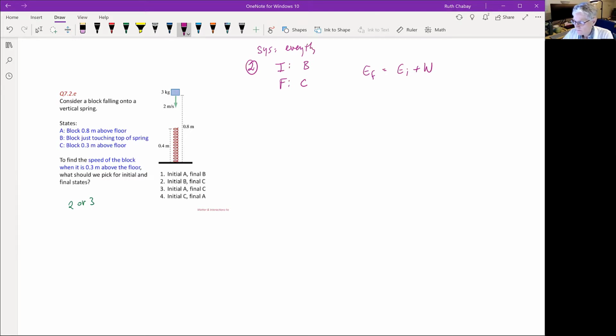We have E final is E initial plus work, and again, system is everything. And so leaving out constants here, we're going to have K final plus U gravitational final plus U spring final is K initial plus U G initial plus U spring initial, because work is 0.